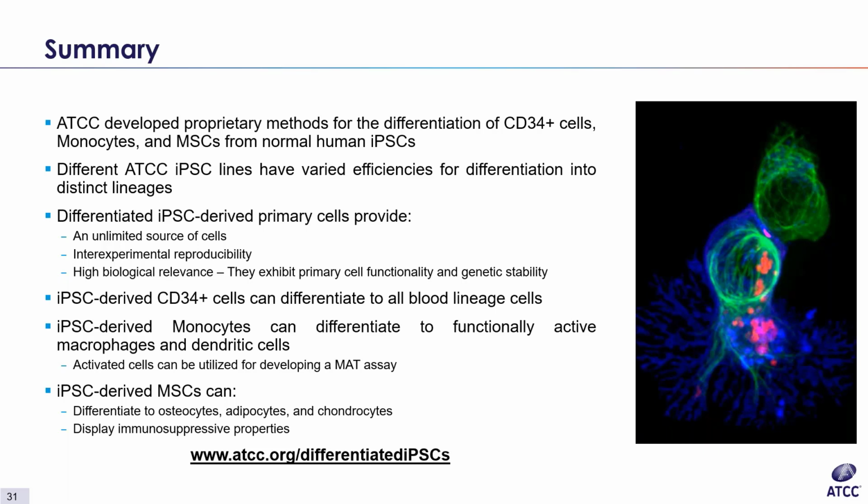I actually missed a product in there. We also have human bone marrow-derived mesenchymal stem cells, and that ATCC part number is PCS-500-012. Now, these were the cells that were used in the experiment on slide 19. That was where we showed equivalent immunosuppressive activity with iPSC mesenchymal stem cells and bone marrow mesenchymal stem cells.